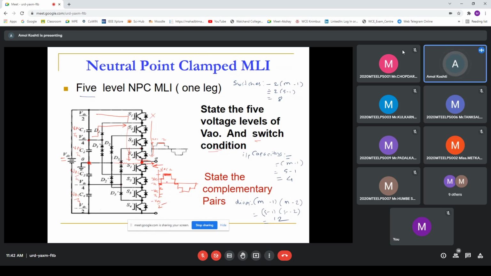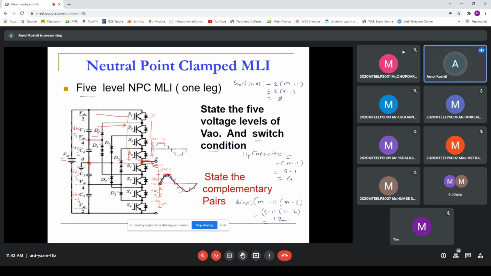If we connect a filter circuit there, we'll get the sinusoidal waveform in this way. I will draw it. Again you just see this unwanted part is chopped more than in the 3 levels.